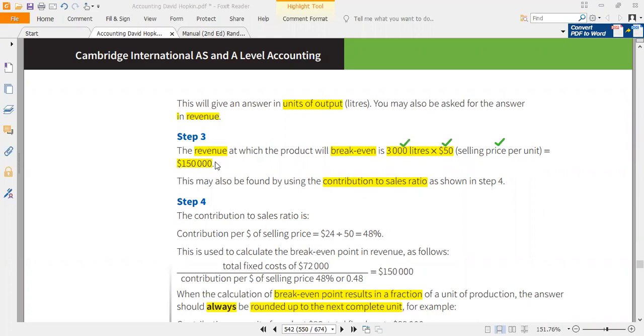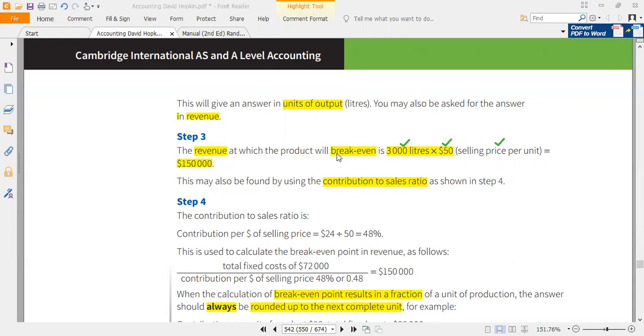The answer is in revenue. If you make $150,000 in sales, you will be at break even. If you sell less than $150,000, you will be making a loss, and if you sell more than $150,000, you will be making profit.